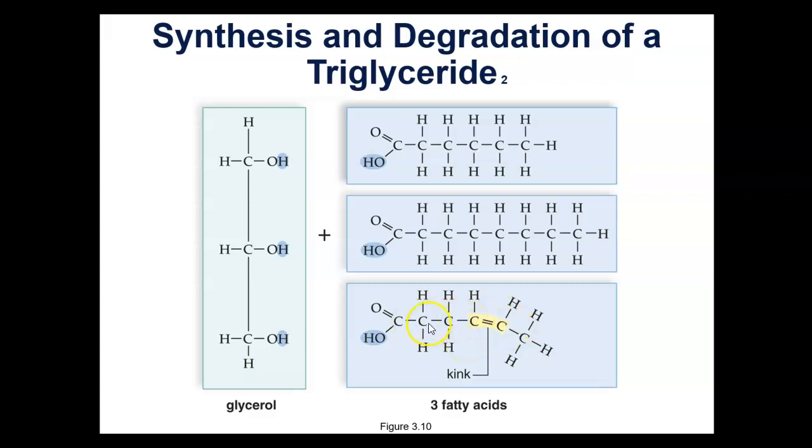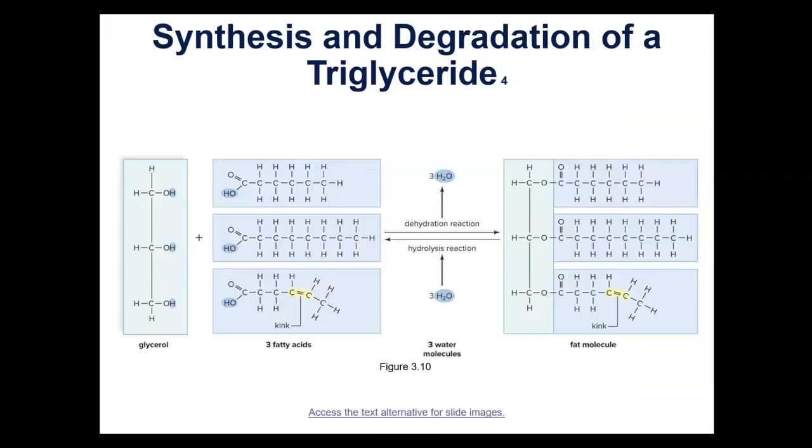The fatty acid on the bottom is unsaturated, and the 2 fatty acids on the top are saturated. After a dehydration synthesis reaction, 3 water molecules are removed and the 3 fatty acid chains are attached to the glycerol. Now, to break this fat molecule up would require a hydrolysis reaction. So 3 water molecules would be added to separate the glycerol from the 3 fatty acids.